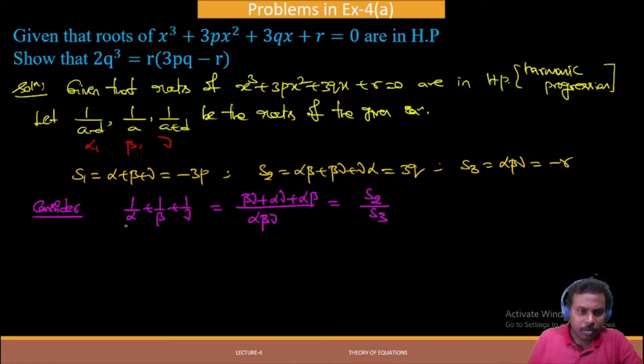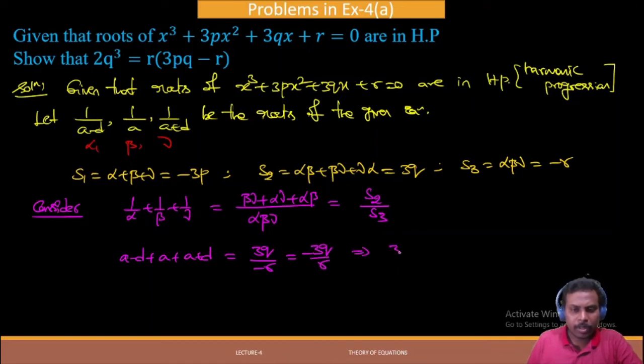So let me substitute what is 1 by alpha here. 1 by alpha is a minus d plus a plus a plus d, that is equal to S2 divided by S3. S2 is 3q divided by minus r, that is equal to minus 3q divided by r, so 3a is equal to minus 3q divided by r, which implies a is equal to minus q divided by r.